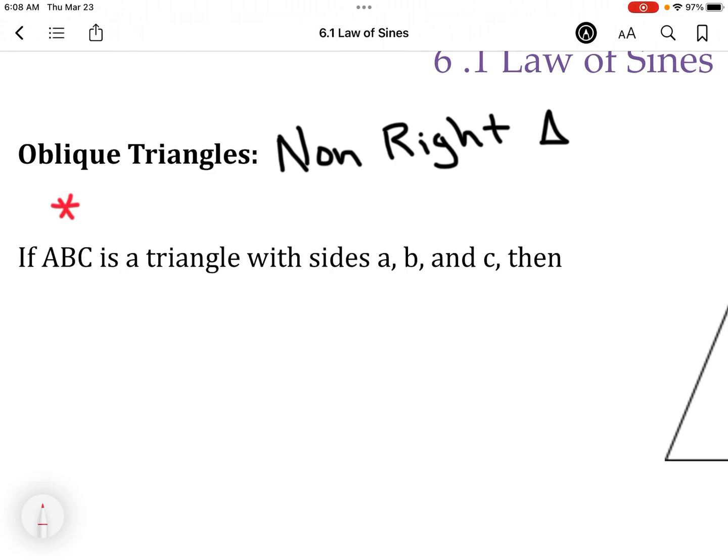Because we're dealing with oblique triangles and non-right triangles, things like the Pythagorean theorem don't work.